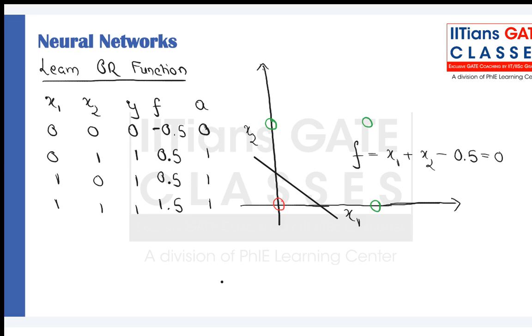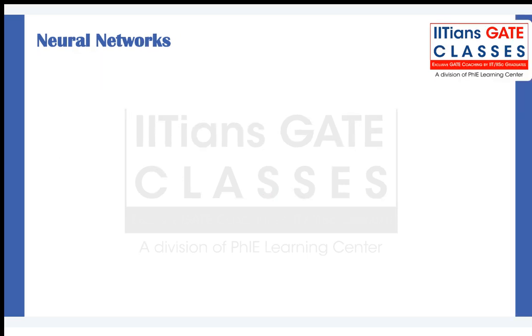Now again, if I represent this as a neural network, this is my neuron, and these are the inputs. This is 1, this is x1, this is x2, right? And out comes my y.